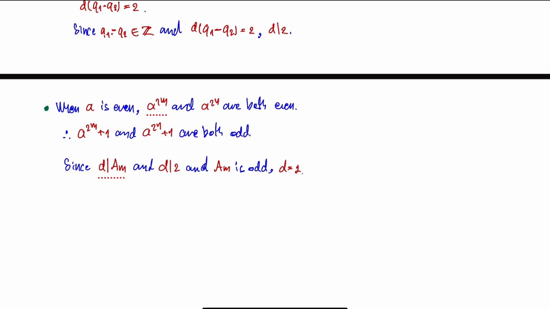When d divides 2 and d divides an odd number, the only possible case is d equals 1. Therefore, the greatest common divisor of a^(2^m) + 1 and a^(2^n) + 1 is 1 when a is even.